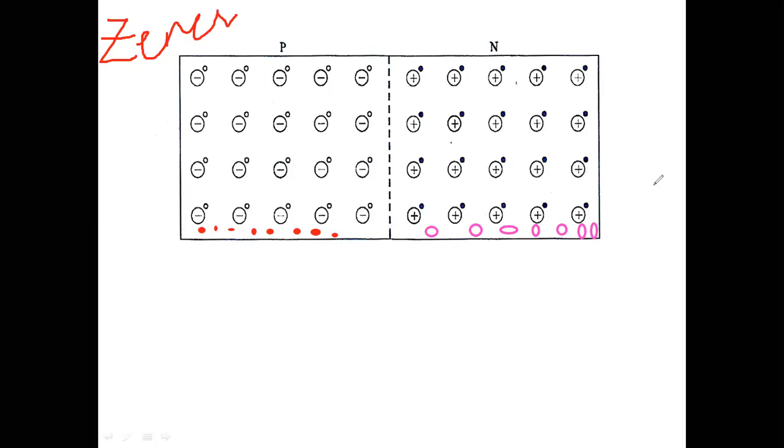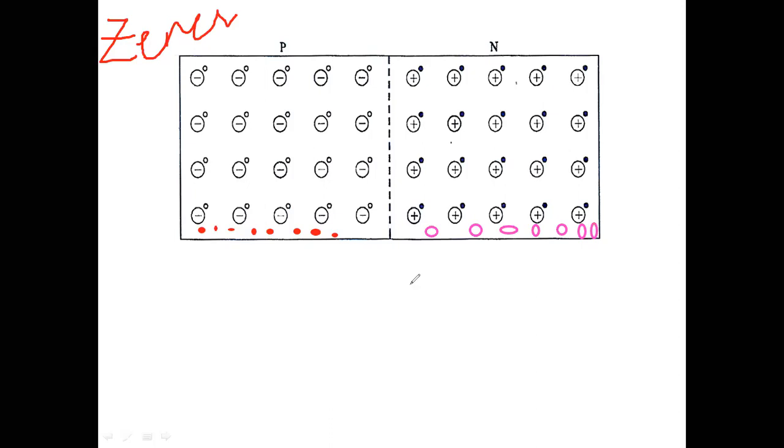Even then, the holes which are majority carriers in p side diffuse towards n side, and electrons which are majority carriers in n side move towards p side.